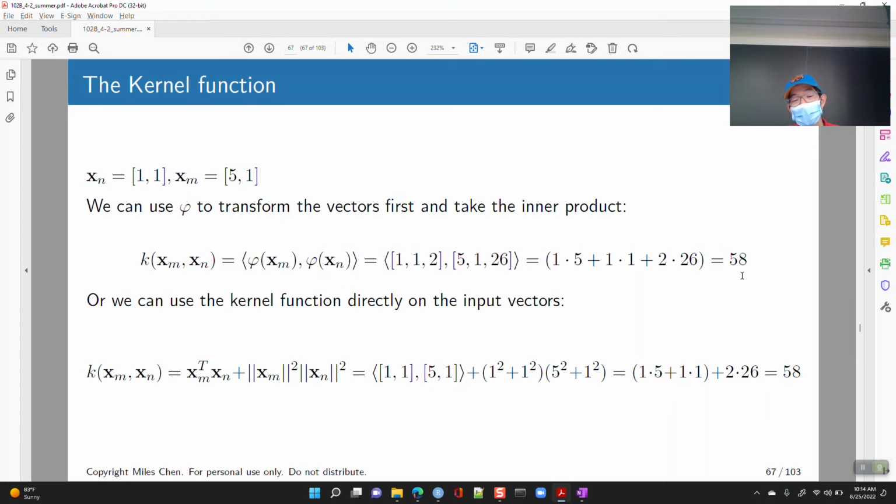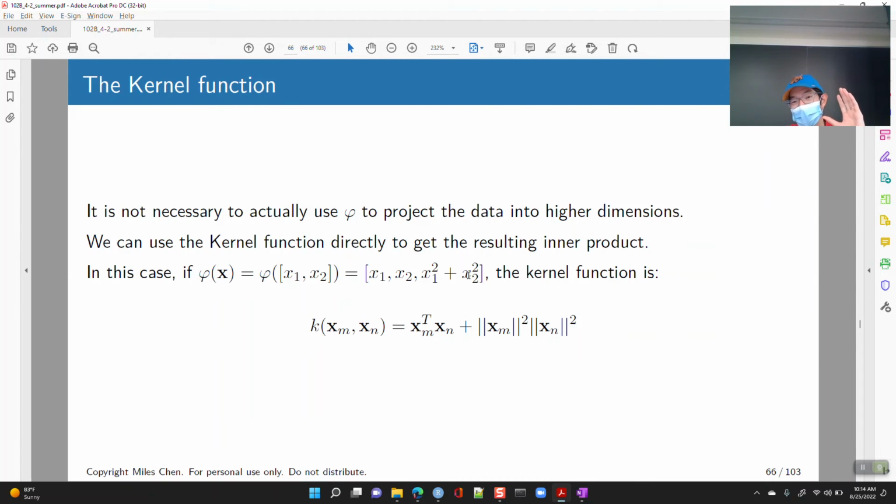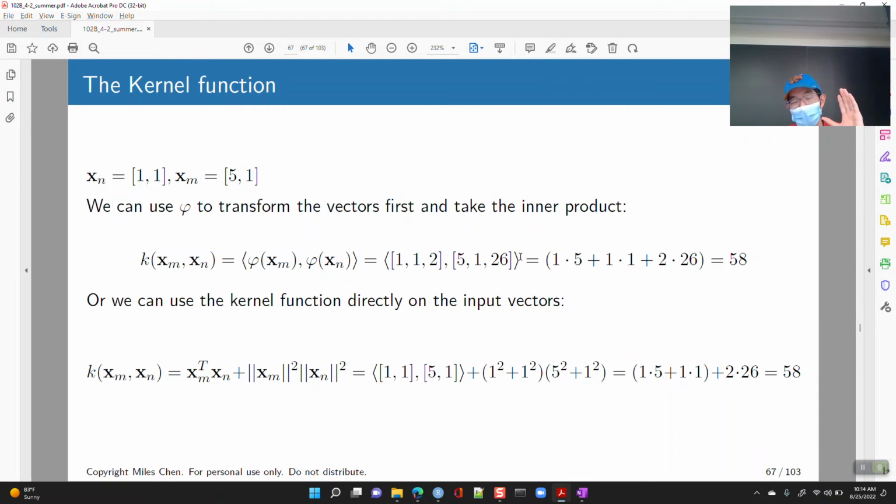Okay, so all this is to say, I think conceptually, it's easy to understand this concept of taking a data point, applying a function that transforms it into a higher dimension, and then taking the inner product there, right? Whereas the kernel function, this feels a little bit stranger. Like, how is this working?